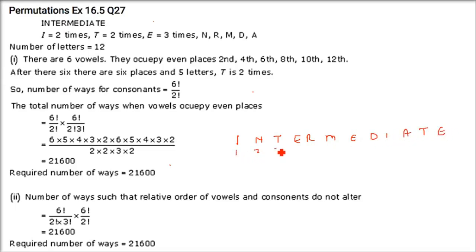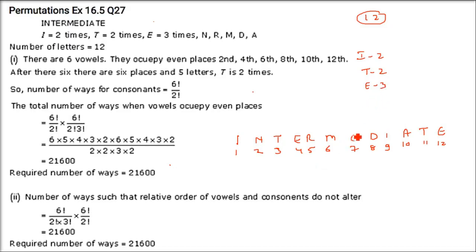So we have intermediate. Let us mark it first: 1, 2, 3, 4, 5, 6, 7, 8, 9, 10, 11, 12. So there are 12 positions here, 12 letters. I is 2 times. Then we have T 2 times. Then we have E 3 times.